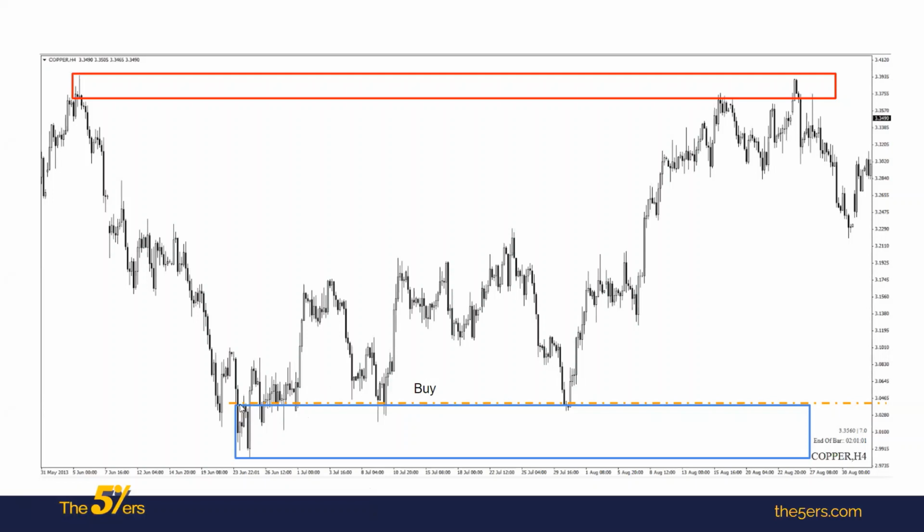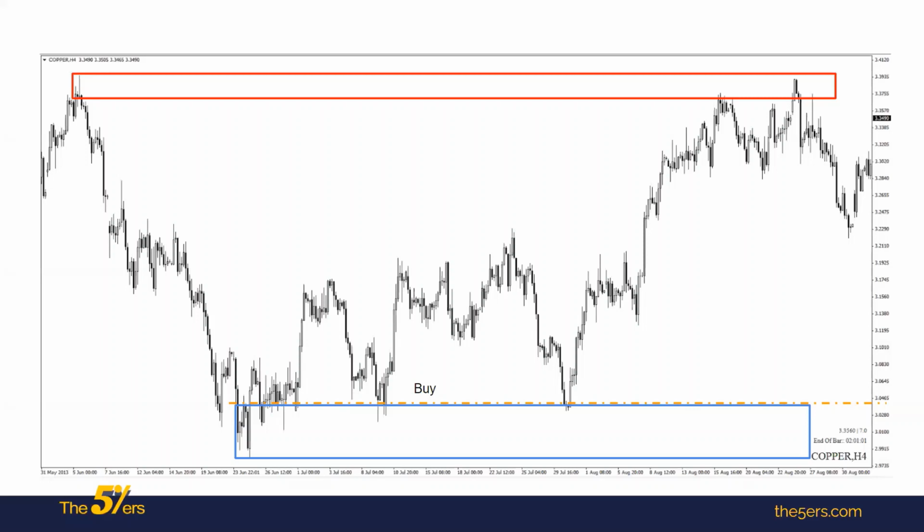Let's just imagine that this is the present right here. We see price rising up. We have a demand zone. We are looking for the first time to buy. When price approaches that demand zone, we would buy.